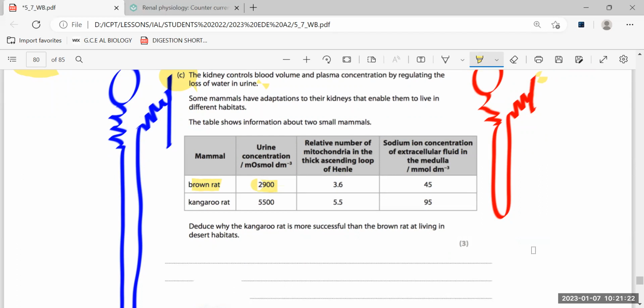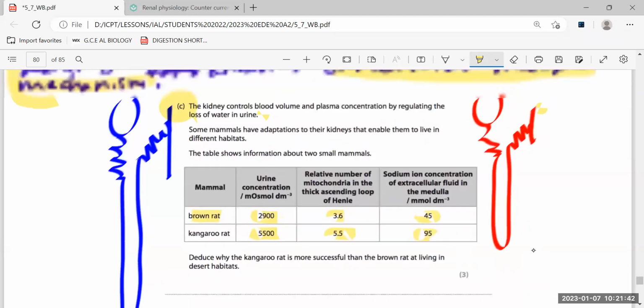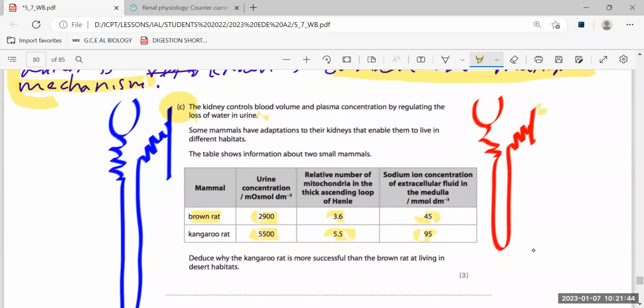Mitochondria in the thick ascending limb 3.6. Sodium ion concentration in the extracellular fluid in the medulla 45. Kangaroo rat urine concentration this much. Mitochondria this 95.